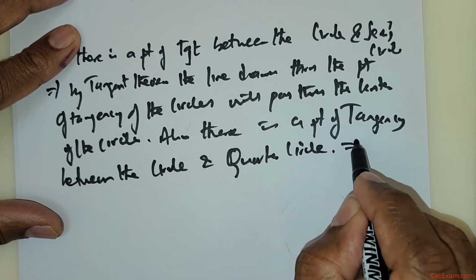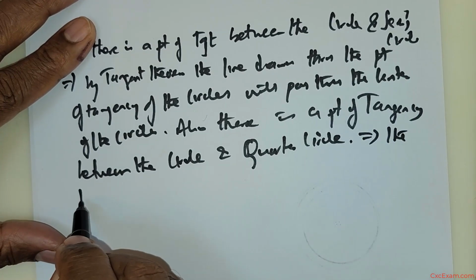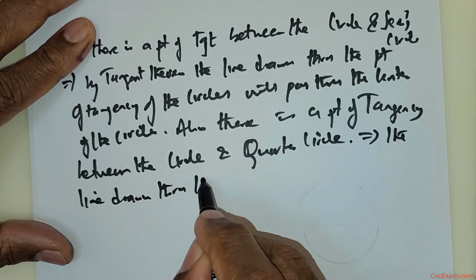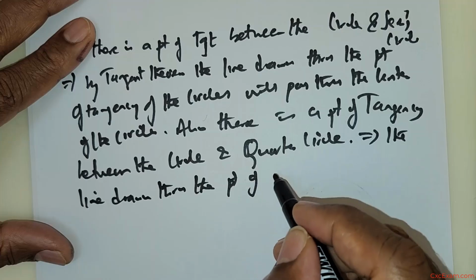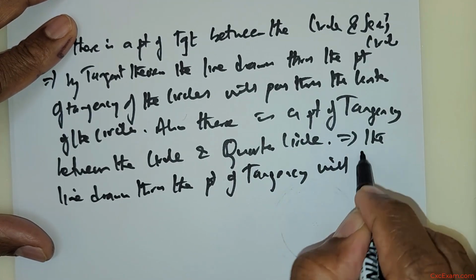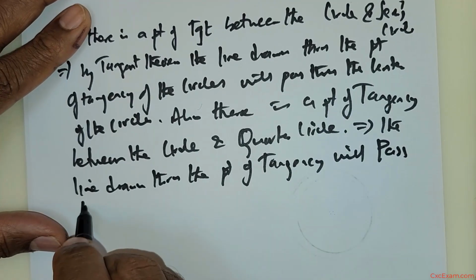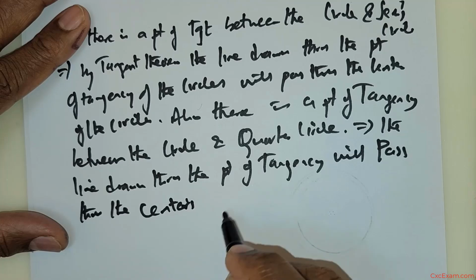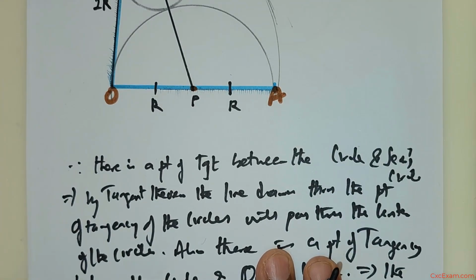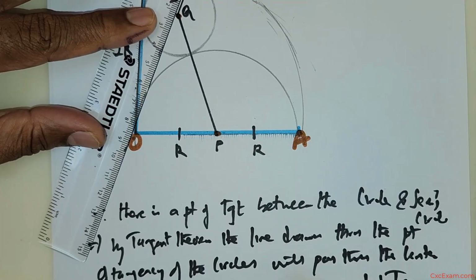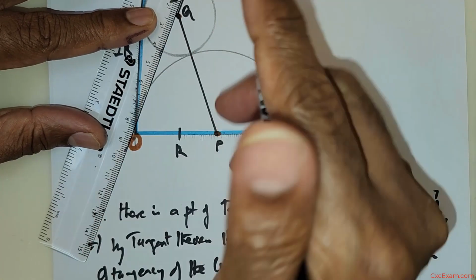So this means the line drawn through the point of tangency will pass through the center. When we talk about center, we're talking about the center of the circle. So we have a center here, we have a center here.